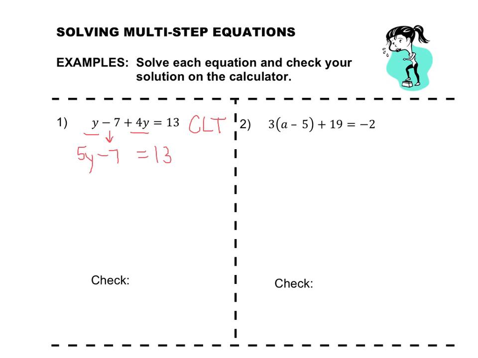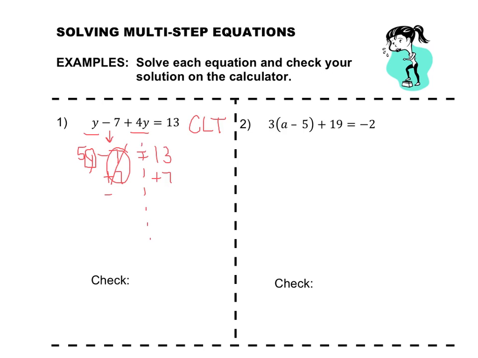Now I've cleaned up my equation. Everything is together that needs to be together, and so now I'm going to draw the dotted line down the equal sign. Okay? And we need to get this y variable by itself. So the first thing we're going to do is the opposite operation of subtracting 7, which means we're going to add 7 to the other side. Okay, and this gives us 0.